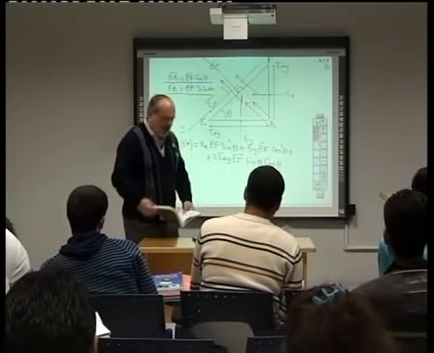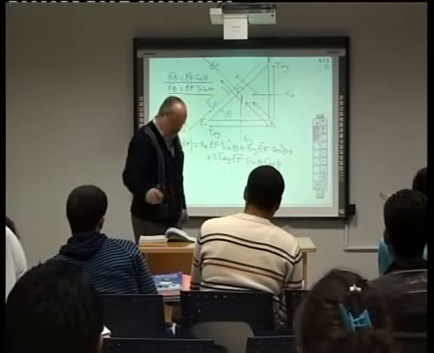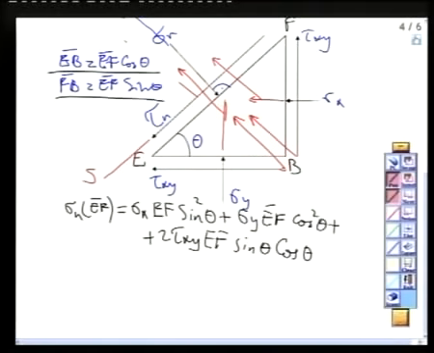Now you see that we can omit EF from all places. We can take them away. So we end up with sigma n equals sigma x sine square theta plus sigma y cosine square theta plus 2 tau xy sine theta cosine theta.